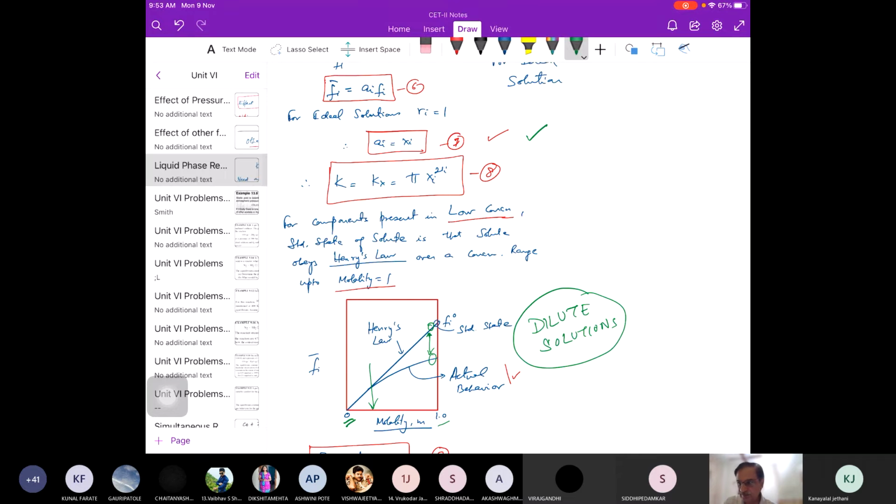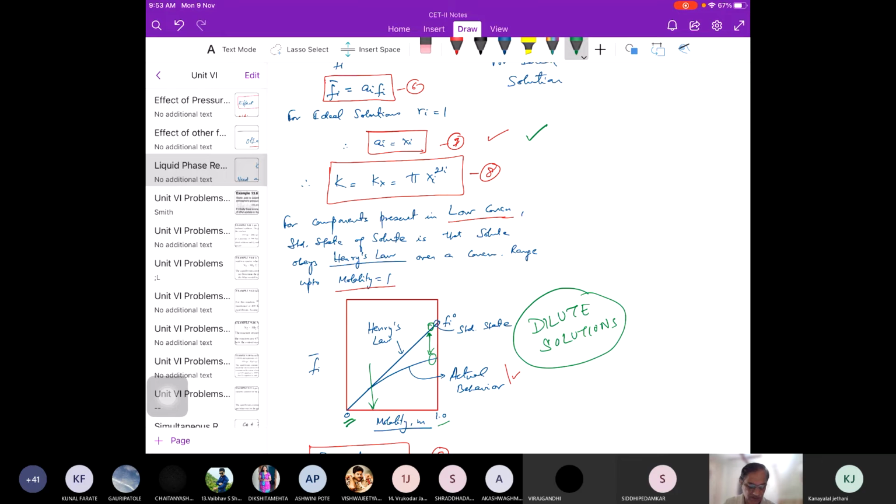Henry's law, right? As concentration increases, we go for the Lewis fugacity rule, and there we have seen that you can use a_i equal to x_i, mole fraction concentration, not molality. Okay, did you understand the difference? When concentration is very low, in this lower region, we can take activity equal to molality.